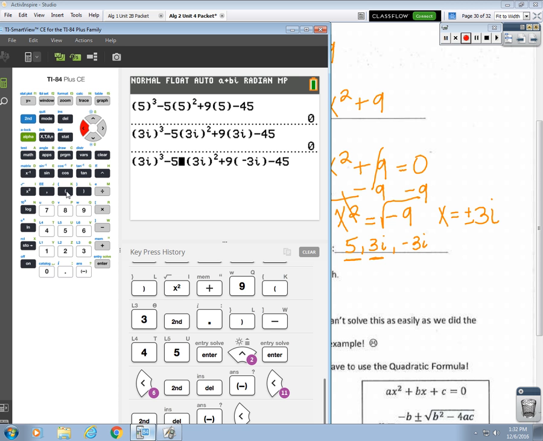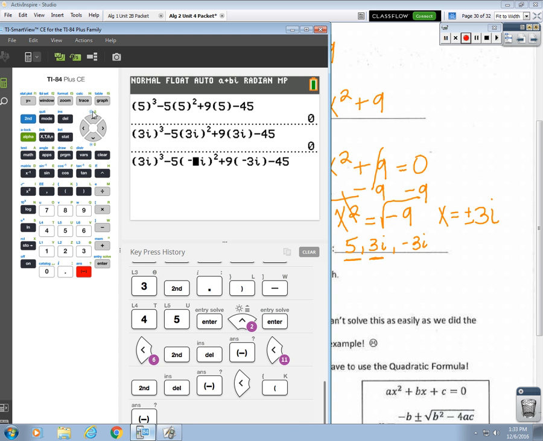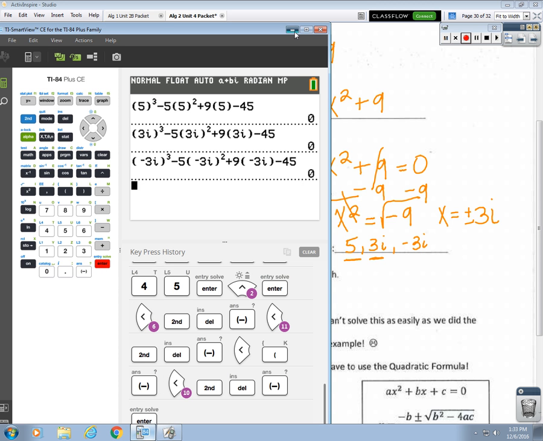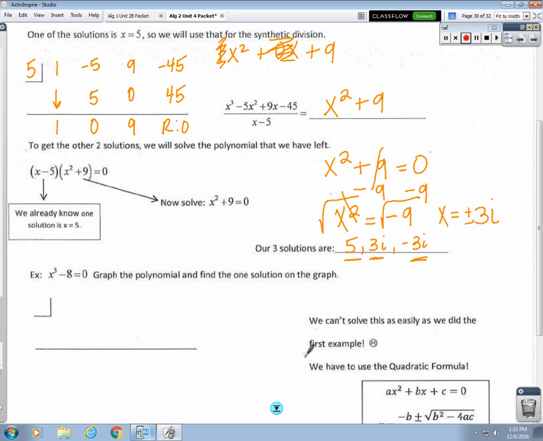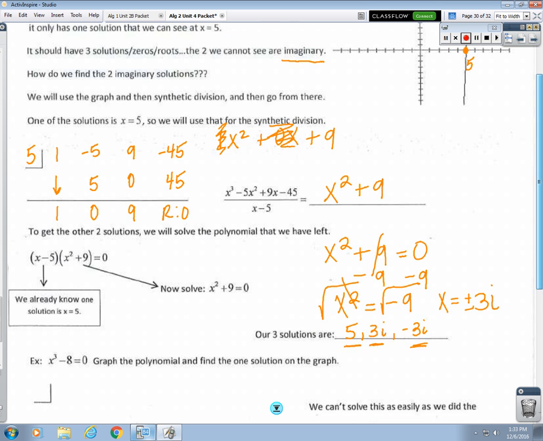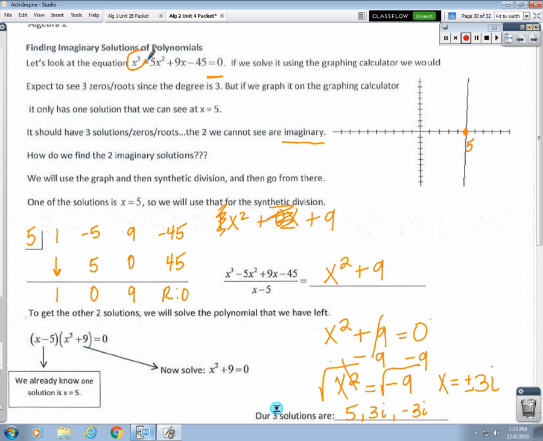Let me fix that. So see now how every time in the x place I now have a negative 3i? And I get 0. So that confirms that I did it right. These are the 3 solutions. And remember, the reason we were looking for 3 is because this was a degree 3 polynomial.